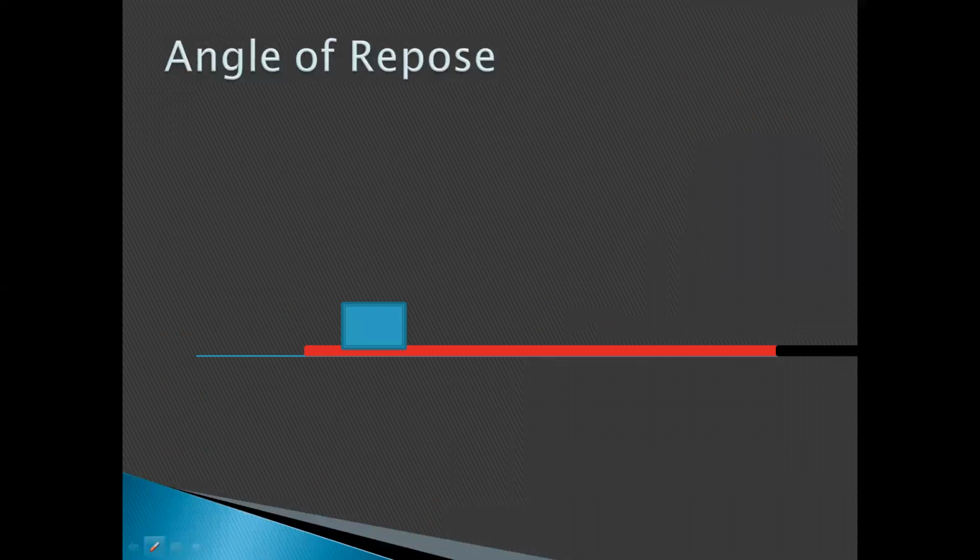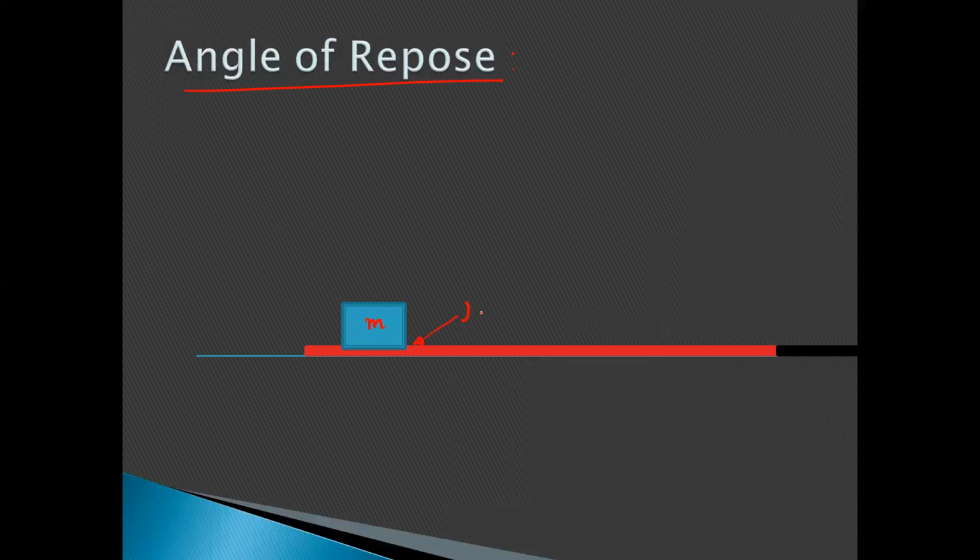Then the next definition is the angle of repose. So what is angle of repose? Just imagine there is one object with mass m kept on one horizontal plane. Initially the angle is 0, because the plane is exactly horizontal. And there is some friction between this object and this plane.